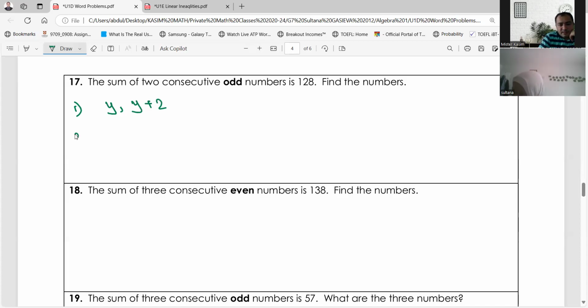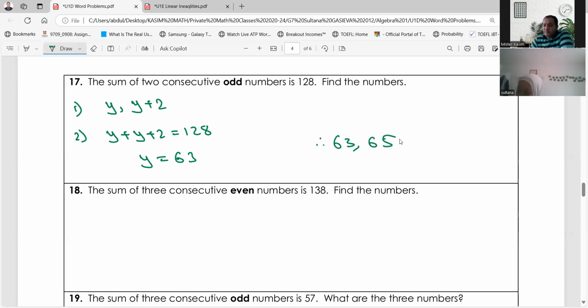And the second step is their sum: y plus y plus 2 is equal to 128. That's the most important step, and the rest, just solve it. We have already practiced a lot of equations, right? So from here, y is equal to 63. The first number is 63. The second number is 65.